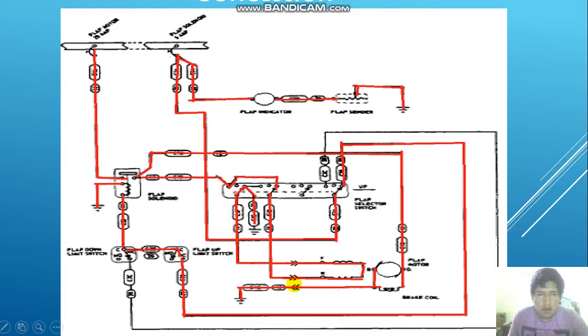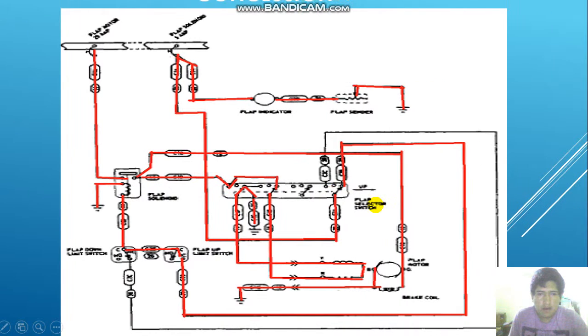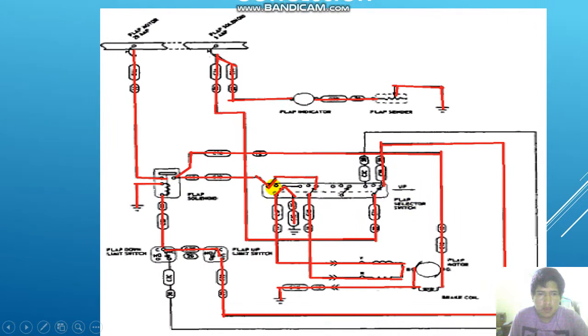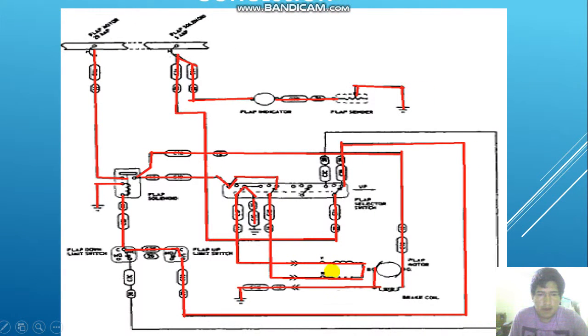At the same time, the current arrives at the flap position selector, then passes through this component to realize the sense of the motor, or change the rotation.